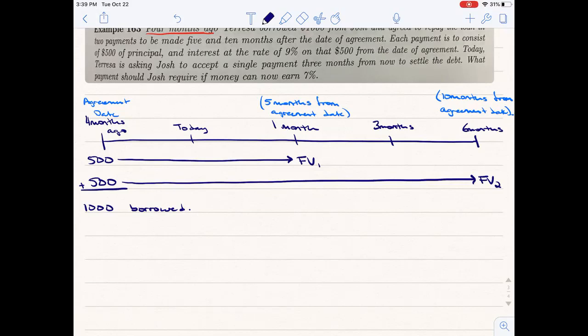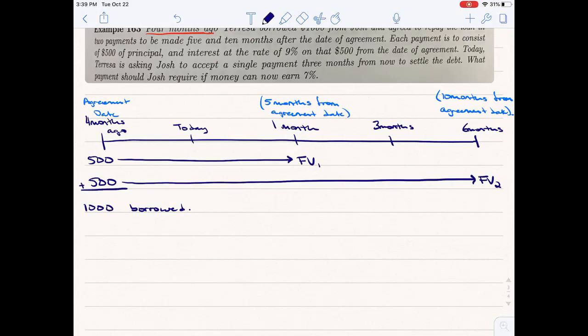But then she changed her mind. And she said, instead of doing that, I'm going to pay you back 3 months from today. All of it. But before we do that, I want to put T's on these arrows, just so we don't forget, because I want to treat them as 2 separate things.